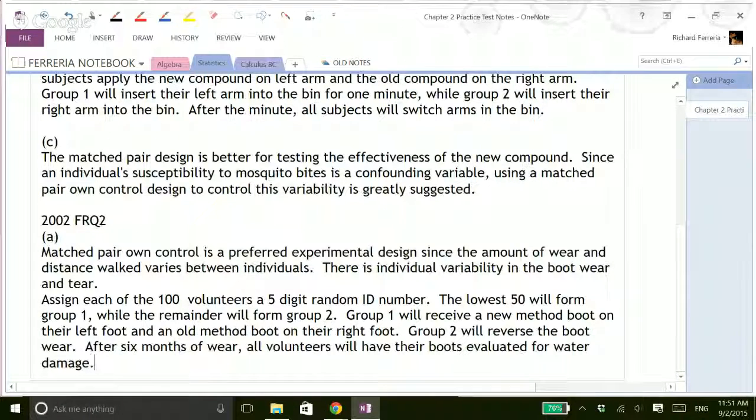Could you also group the people by how much time they spend outdoors and then randomly allocate them to different groups and give one group the treatment and one group the other? The amount of time outdoors, yeah, I suppose that would work too. But you're also admitting that a person's individuality is going to be a source of variability by saying that.